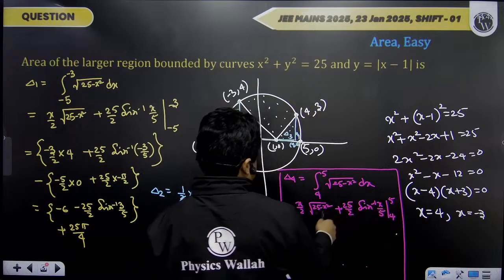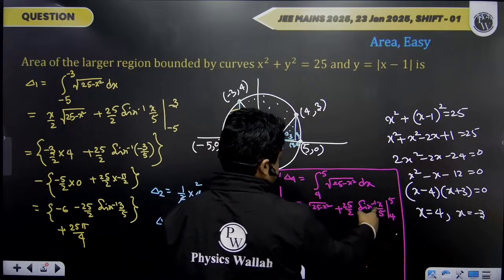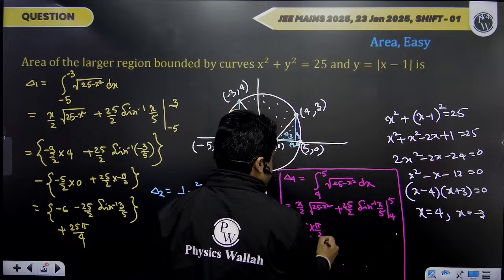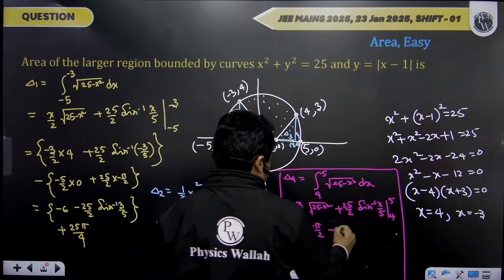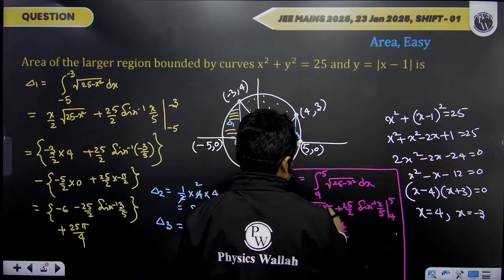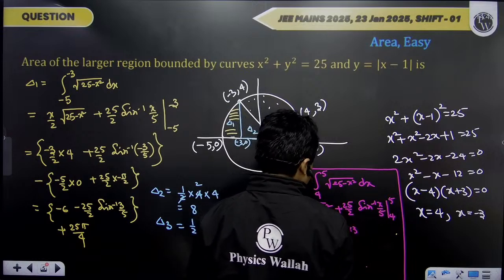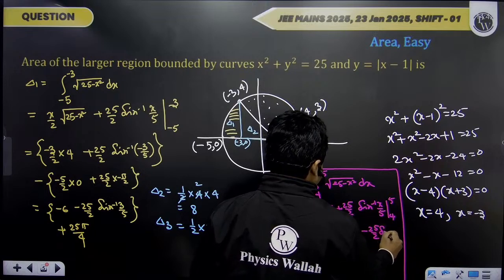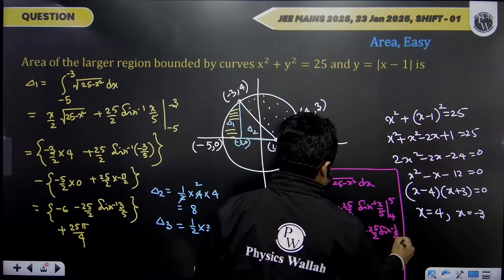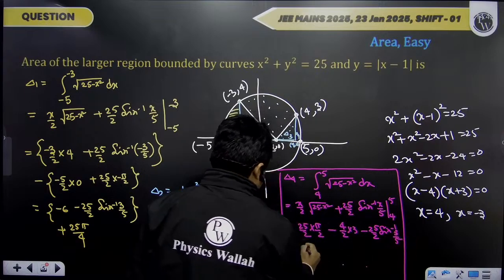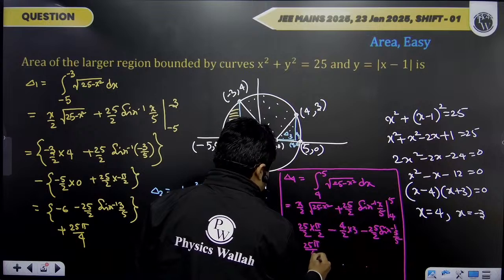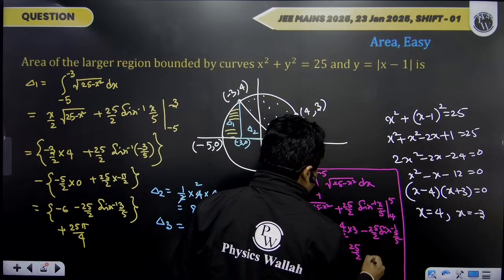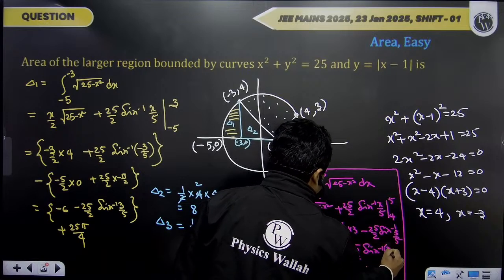So when we put limit 5, this will be 0. This will be 25 by 2 into sine inverse of 5 by 5, which is pi by 2, minus, when you put limit 4, this will be 4 by 2 into root of 25 minus 16, which is 3, minus 25 by 2 into sine inverse of 3 by 5. So this will be equal to 25 pi upon 4 minus 6 minus 25 by 2 into sine inverse of 3 by 5.